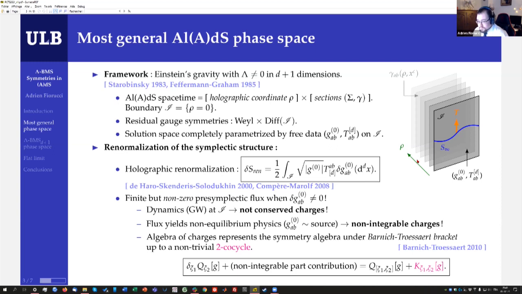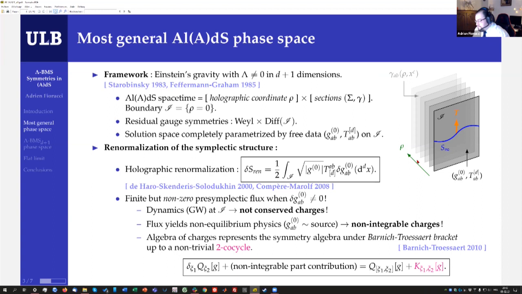And I have to recall also that the solution space is completely parameterized by two sets of free data given on scri: a metric and a stress tensor. So the question is, is it possible to define a phase space without more restriction than the conformal compactification assumption?